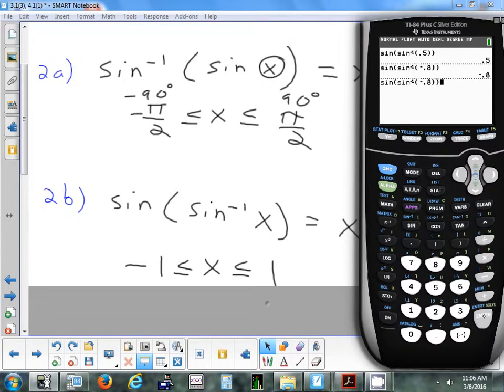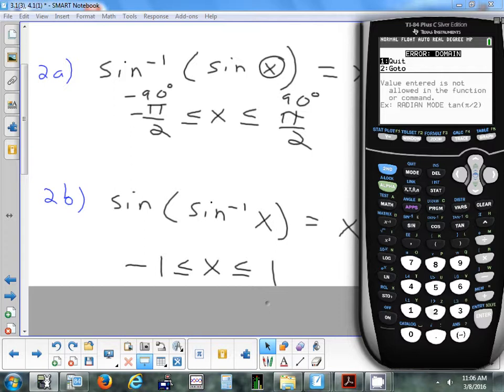Now, what do you think is going to happen if I type in 1.8? It's not going to work. And this time, I don't even get a different answer back. I get an error saying the calculator can't do what it's asking. What we're basically asking the calculator to do is take this and tell me where they cross.